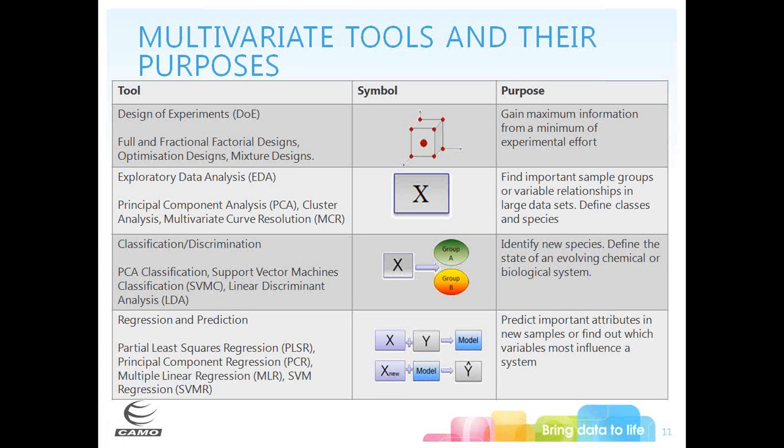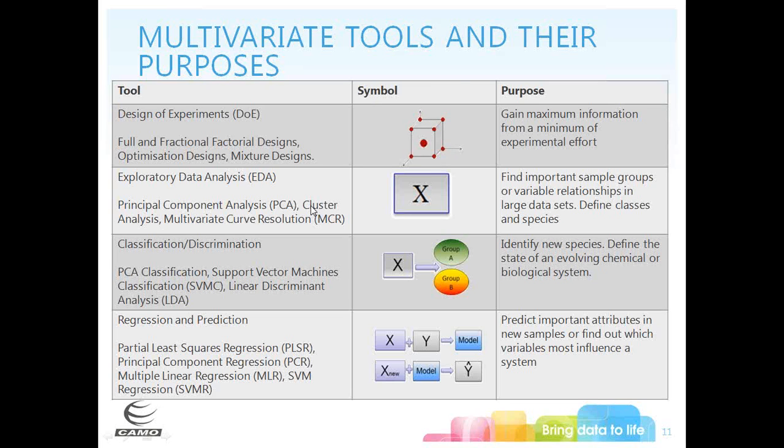There are many multivariate tools that serve different purposes. It starts with the design of experiments, which allows one to do systematic experimentation to gain maximum insight from the minimum experimental effort to understand the effect of given inputs to measured responses.